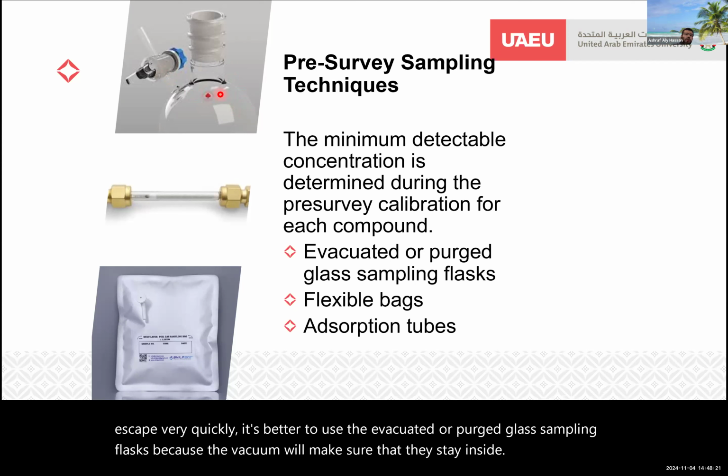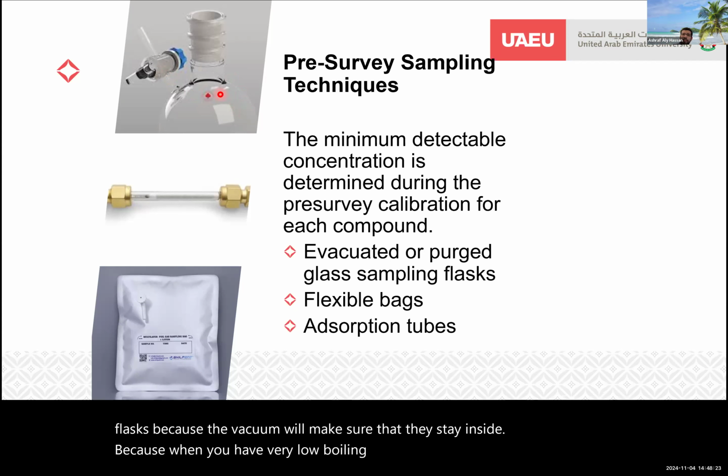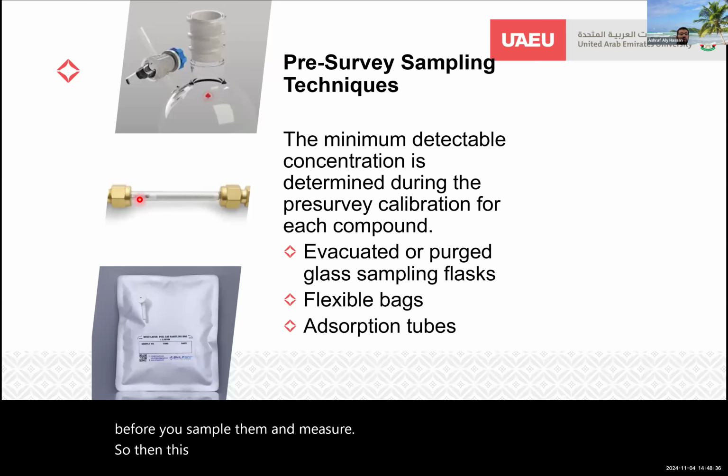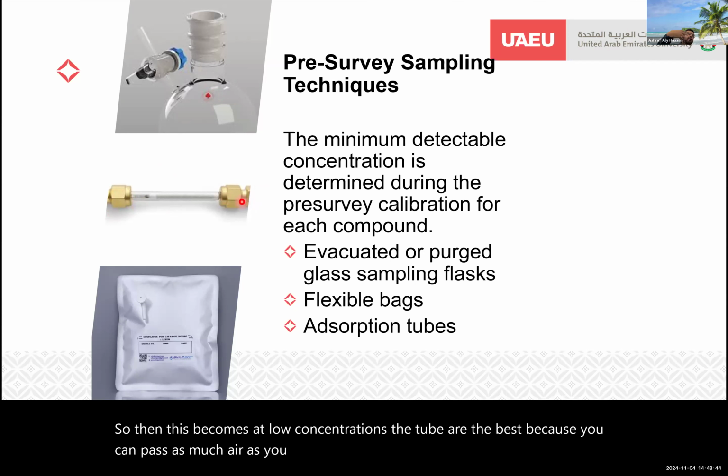You want to make sure that they stay in your flask and you don't lose them before you measure them. At low concentrations, the tubes are the best, because you can pass as much air as you want to accumulate more and more of the material that you're looking for.